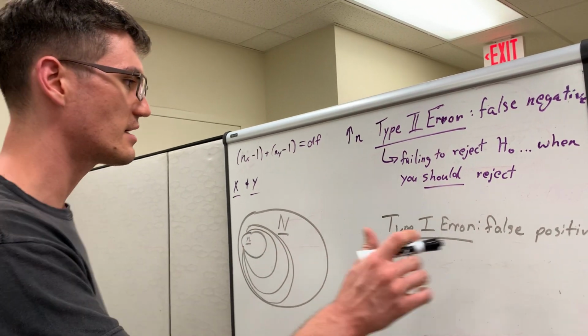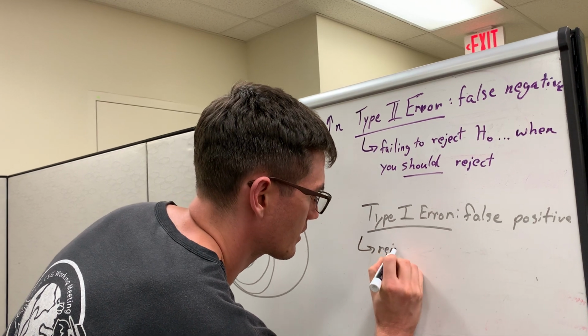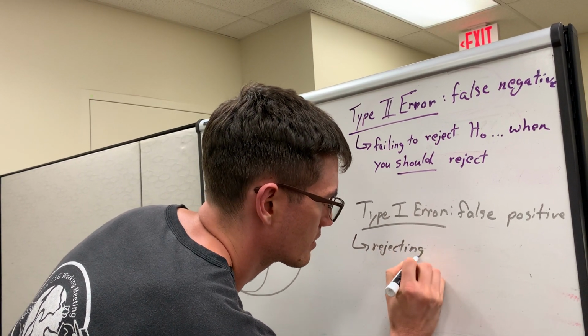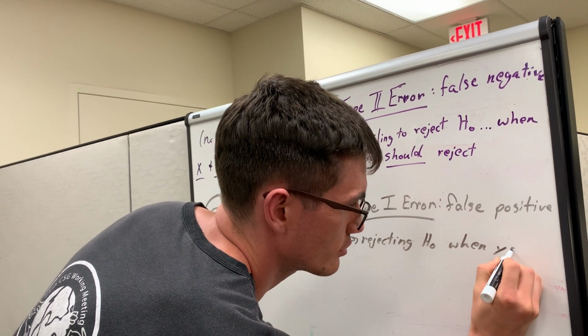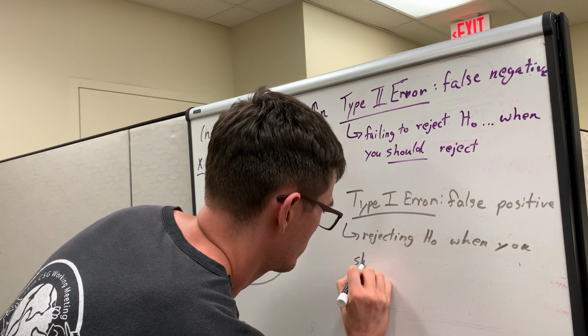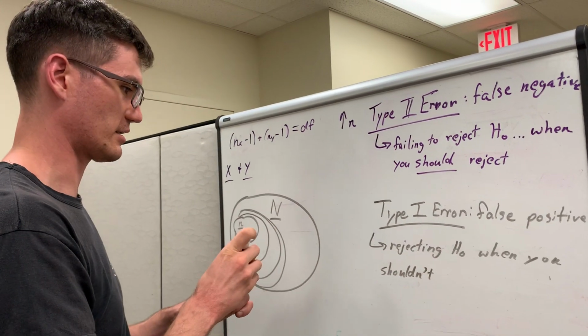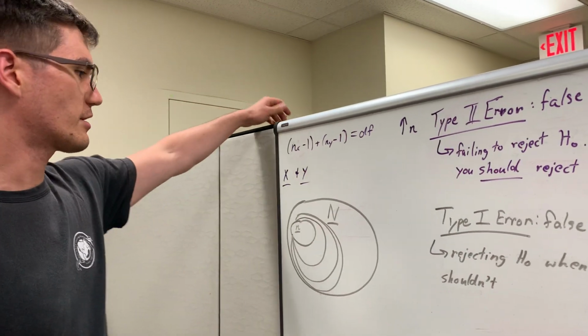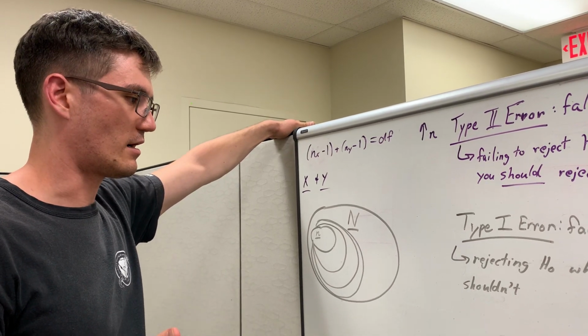So type 1 errors are rejecting H null when you shouldn't. Okay, and I think this is one that's generally easier to understand. You're claiming that you found something interesting when in fact you found nothing interesting at all.